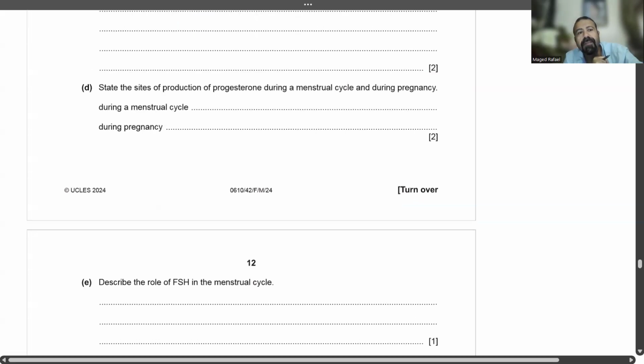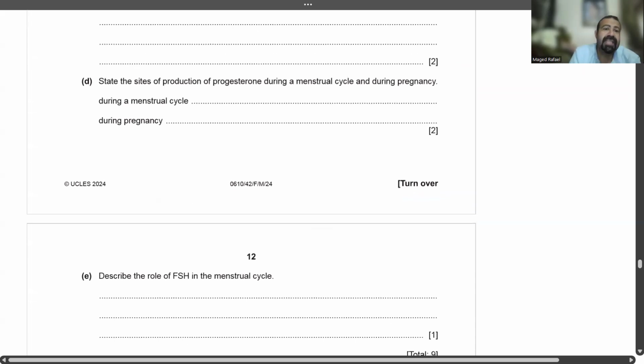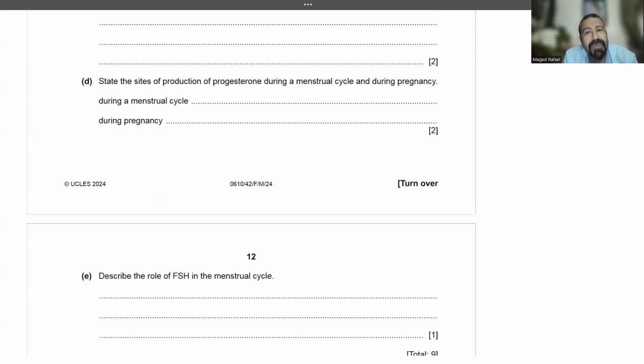Okay. Question D. State the sites of production of progesterone. During the menstrual cycle and during the pregnancy. During the menstrual cycle, the corpus luteum, which is the sac or follicle part, produces the progesterone. And during the pregnancy, the placenta, and that's what we mentioned.